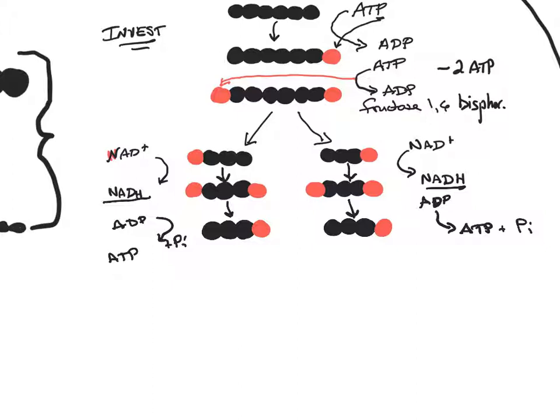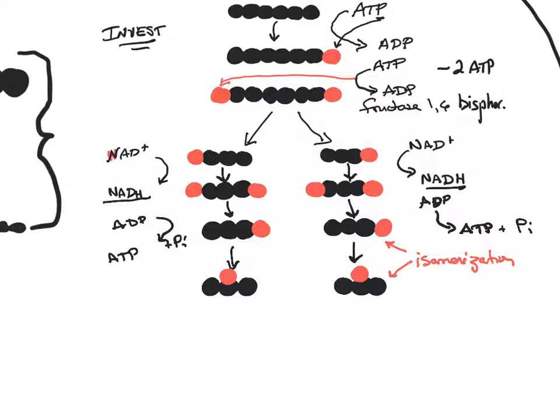And then the next steps are to move the remaining phosphate into a position where it can be removed. And this is called an isomerization. Going from this 3-carbon molecule with 1 phosphate to this 3-carbon molecule with 1 phosphate.